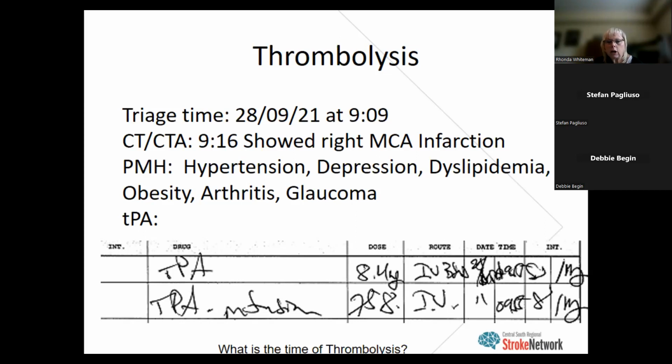You can see the documentation of the TPA. They got 8.4 milligrams in an IV bolus, and then their TPA infusion of 75.8 over an hour at 9:55. And the TPA bolus. So what was the time of thrombolysis?